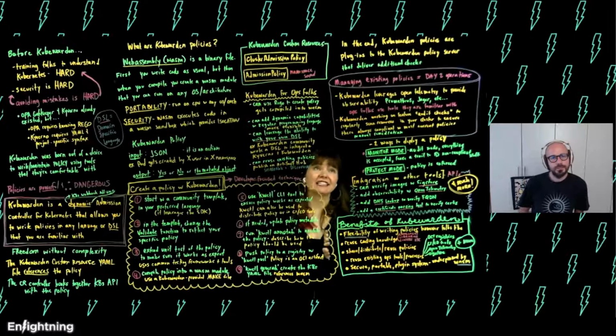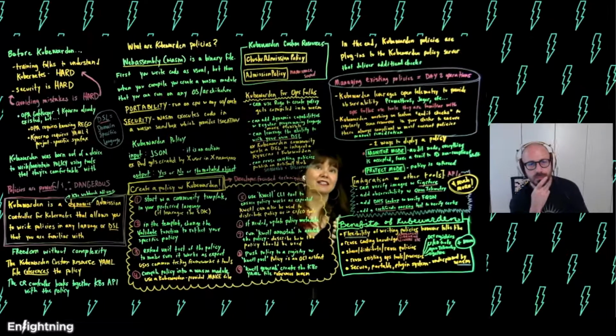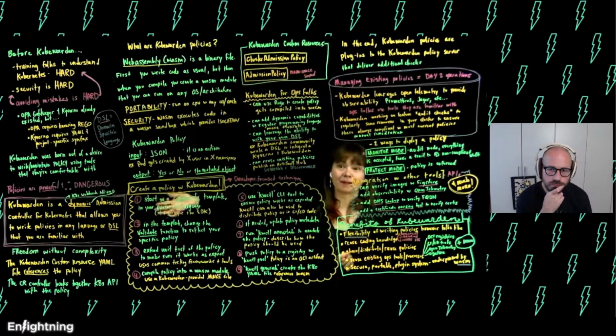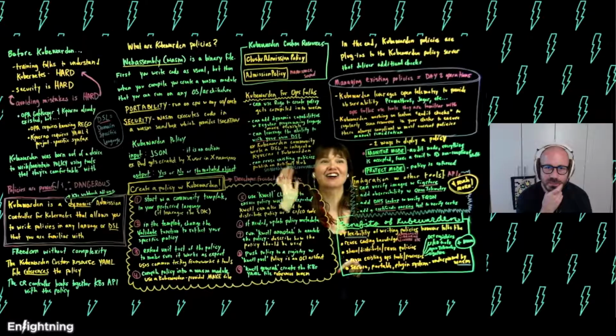But in the end, Kubewarden policies are plugins to the Kubewarden policy server that deliver additional checks. So we talked about what they are, we talked about how to create them, and now we went into day 2 operations, so managing policies that already exist.